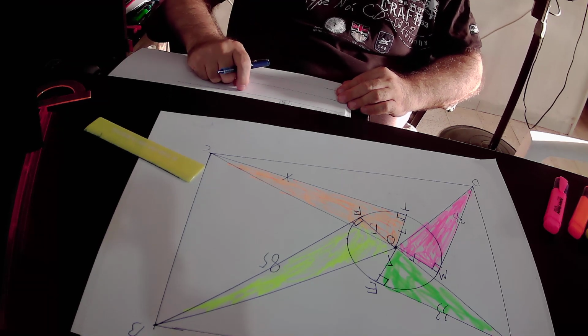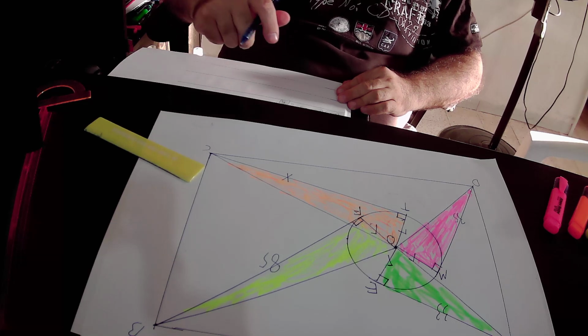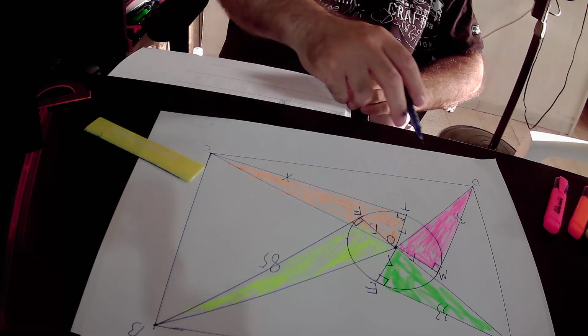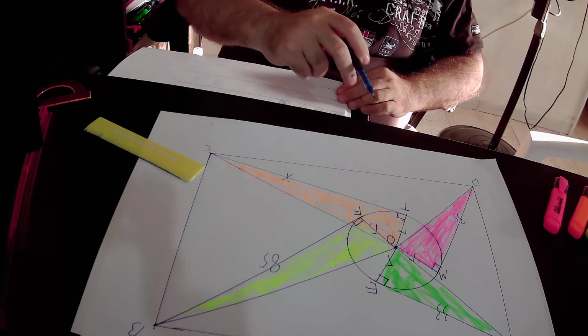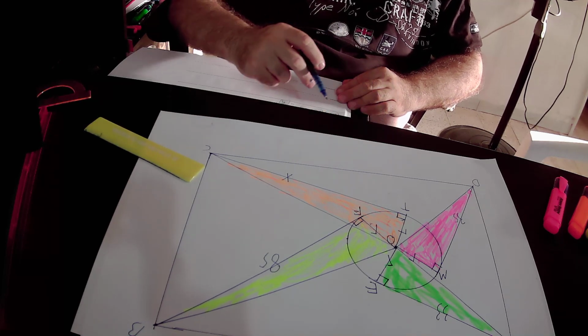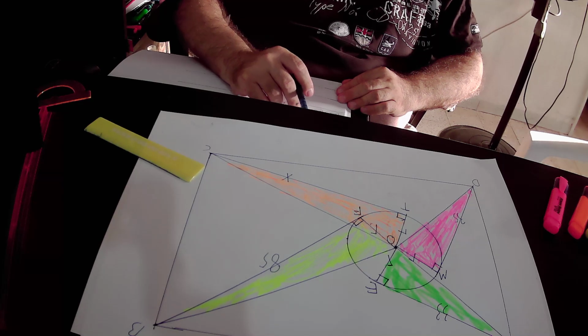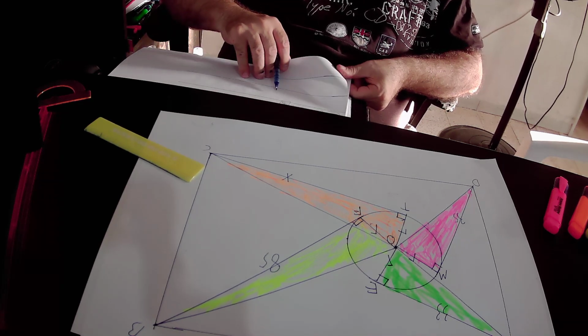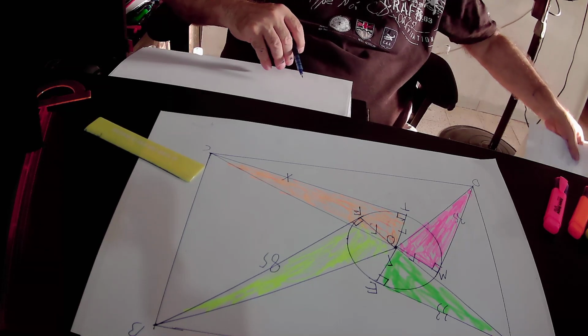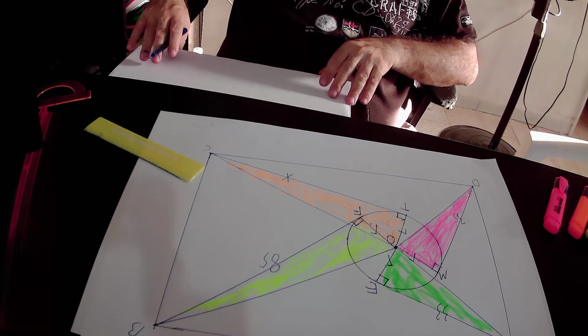Okay, so in the next step I will copy rectangle ABCD with its circle inside it, and then analyze the rectangle with the circle. So here we have rectangle ABCD.